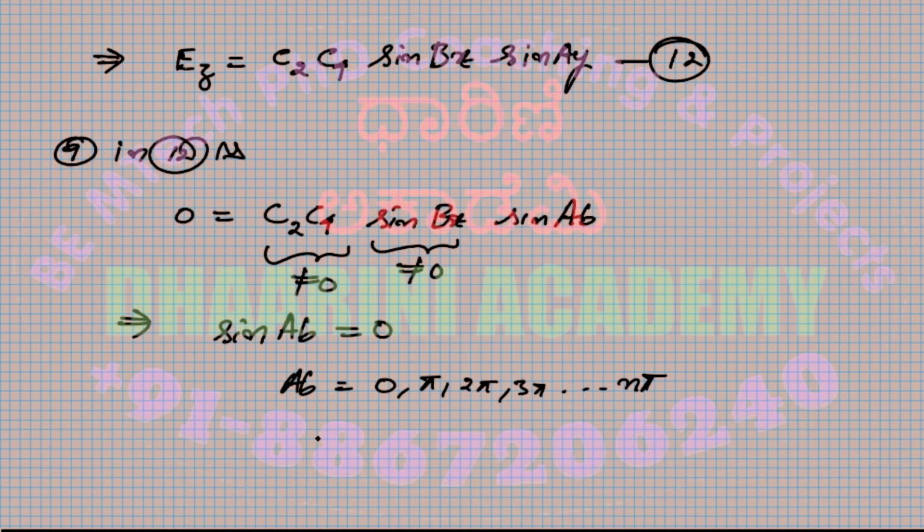My intention is, I don't know what capital A was, but B I know, because that's the height of the waveguide. So definitely that's a known value. So the constant capital A which was not known can be found now, that is equal to n pi by b. Anyway, I got one of the parameters which I can definitely use in my equation at a later stage. In this case I am not able to judge the value of C2 or the value of C4. We have no idea. Let's hold.